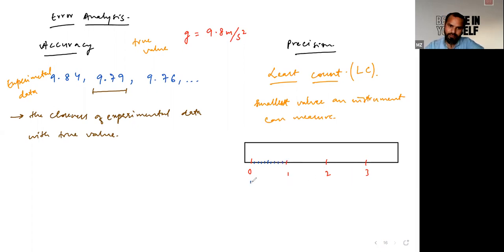So in total, from 0 to 1, we have 10 divisions. Have you all noticed it? Yes, sir. Okay. And this particular measurement is in centimeters. So we can say 1 centimeter from 0 to 1 is divided further into 10 divisions. So if I have to measure the value of the smallest part, from this mark to this mark, what would be its value?